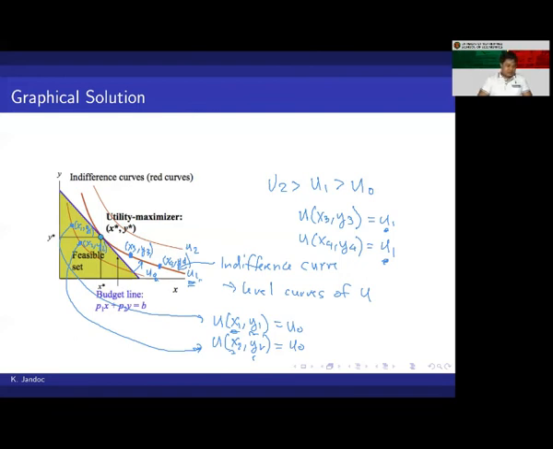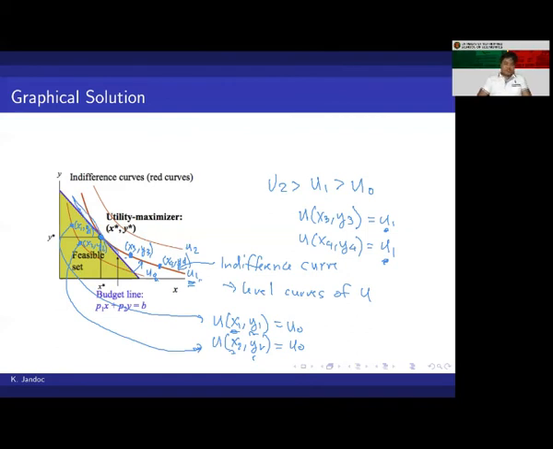What do you notice? At that point, x star, y star, where the indifference curve touches the budget line, the slope of the budget line is just equal to the slope of the tangent line to that indifference curve.